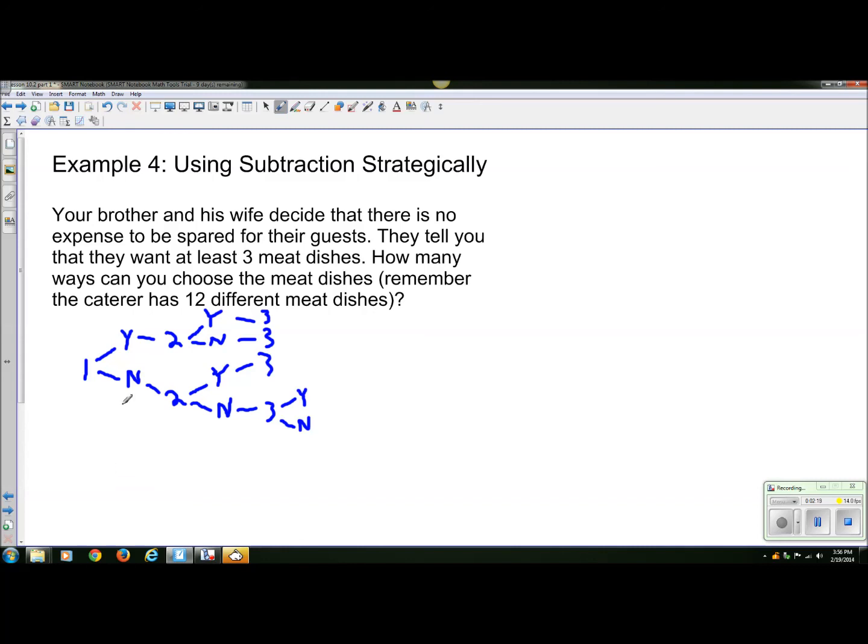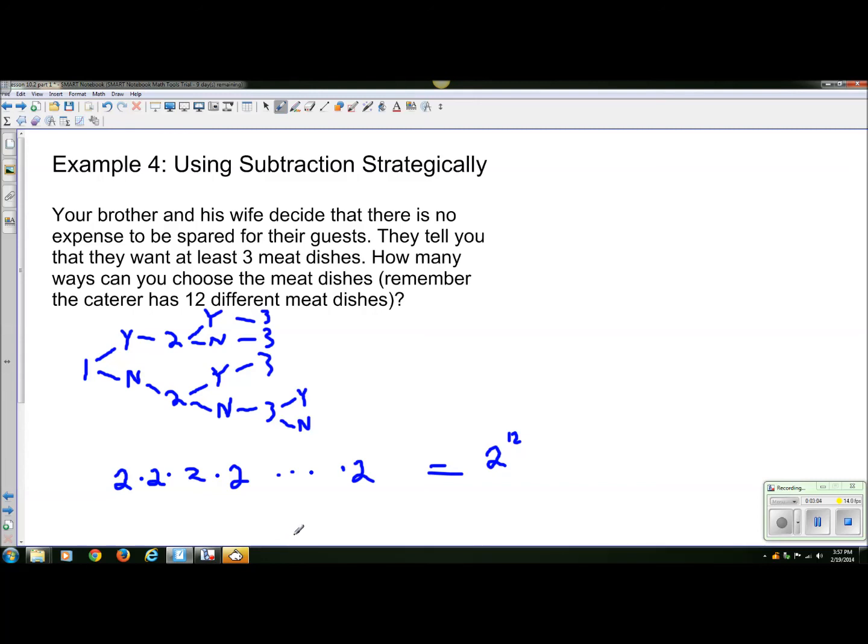So that's 2 options for the first meal, times 2 options for the second meal, times 2 options for the third meal, times 2 options for the fourth meal, and we'll do that for all 12 meals. That's the same thing as 2 times 2 times 2 times 2, 12 times, or 2 to the 12th power. So there are 2 to the 12th power ways to choose different meat dishes.